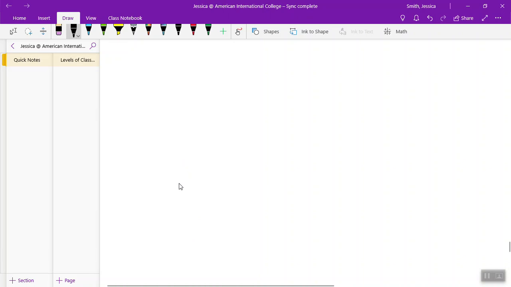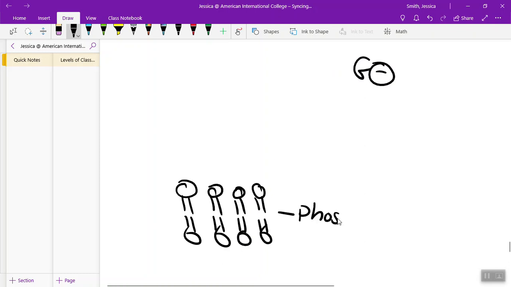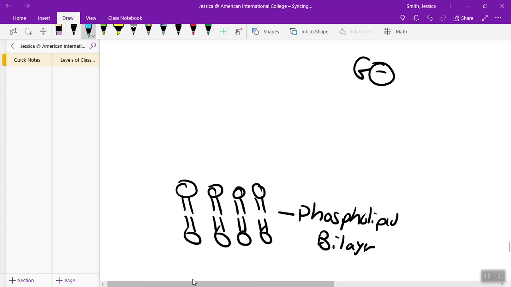So again, here we have the cell membrane, the phospholipid bilayer. So we're talking about gram-negative now. Again, this is the inside of the cell.